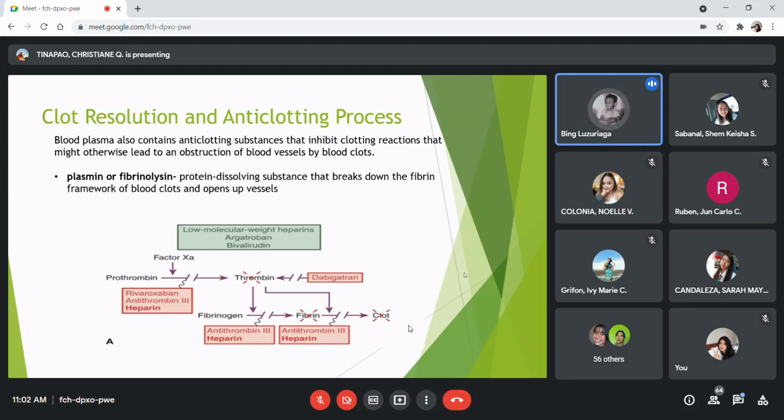Okay, let's go back to the mechanism again. The first thing that will happen with injury to a blood vessel is there will be immediate constriction of the blood vessel. That is not part of the clotting process.